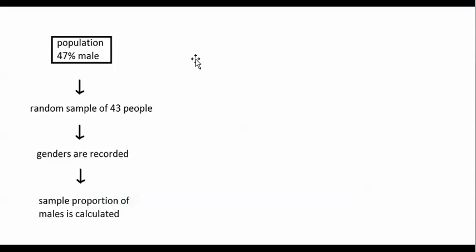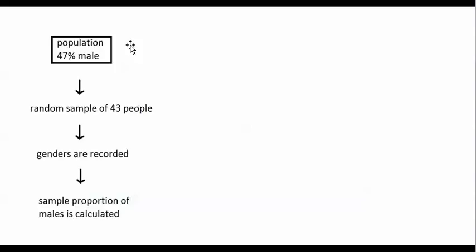Now, let's look at a different situation. In the last situation, we were looking at a person calculating a sample mean to estimate a population mean. In this situation, we're talking about a person who's calculating a sample proportion to estimate the population proportion.